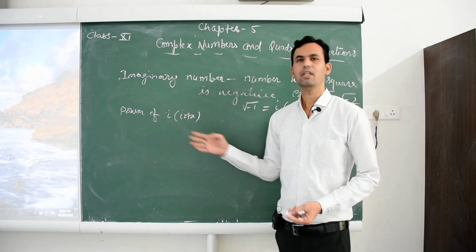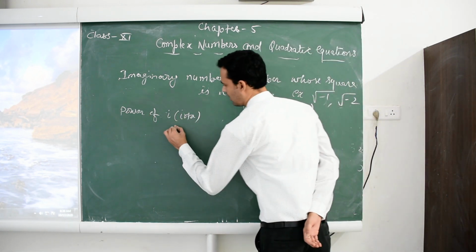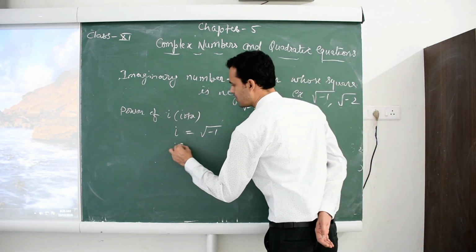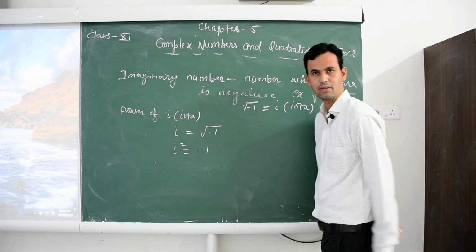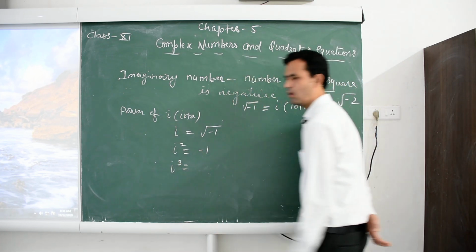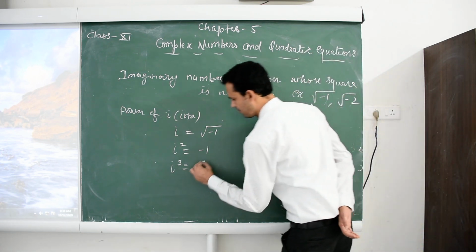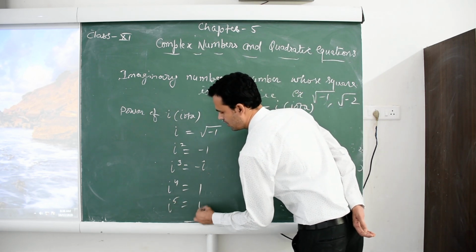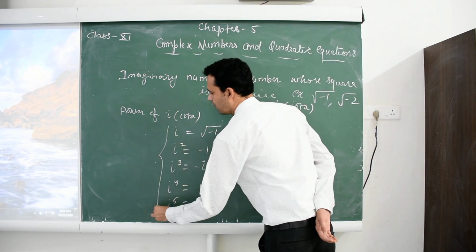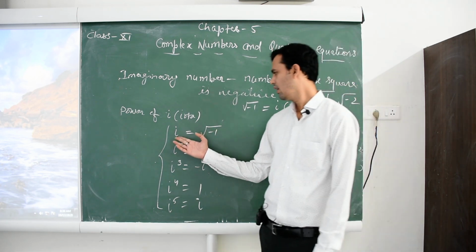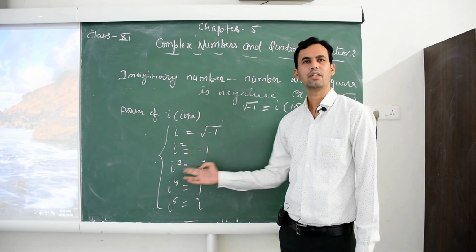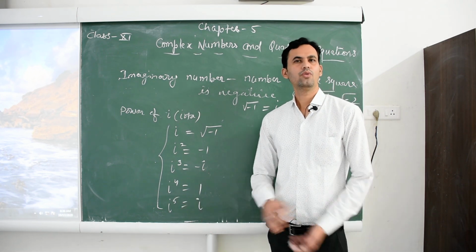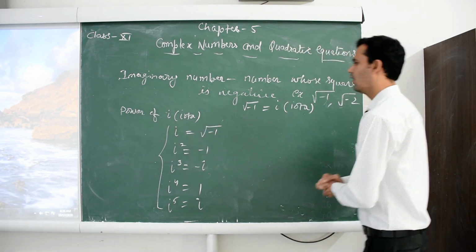So the powers of I: I equals root -1, I square equals -1, I cube equals minus I, I to the power 4 equals 1, and I to the power 5 equals I. These are important for our chapter.